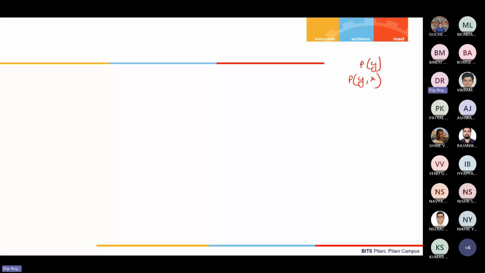Because if we are able to model this, then only can we do some form of denoising. We just can't model P of Y alone, because that would ignore the information we have about the corrupted image.